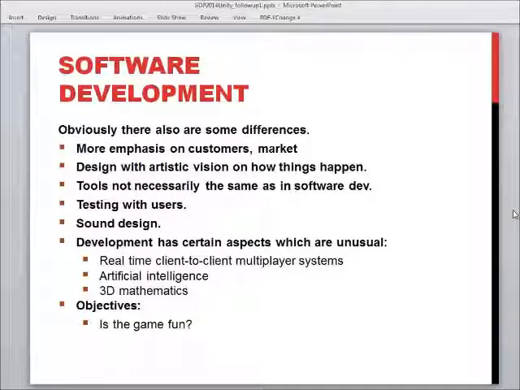Anyway, there are also development aspects like real-time client-to-client systems, so that several people are able to see each other in the game. Of course, many people can use a web store at the same time.